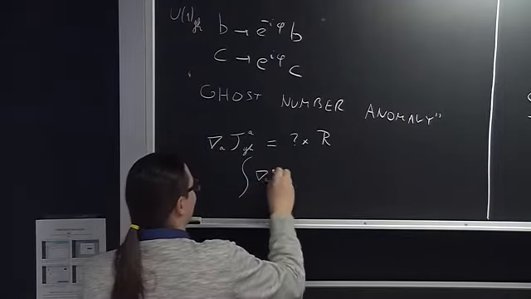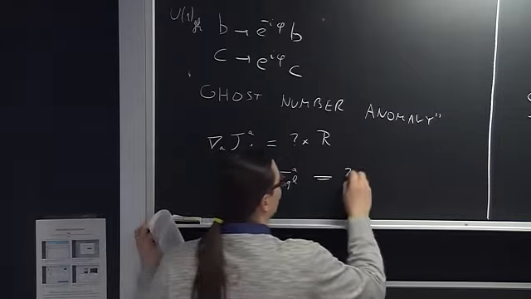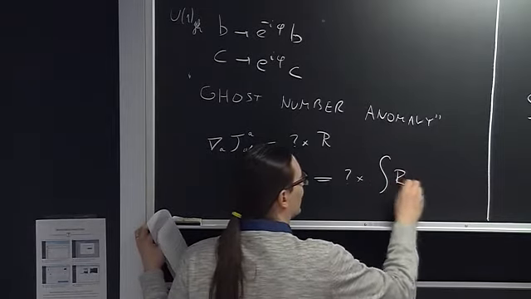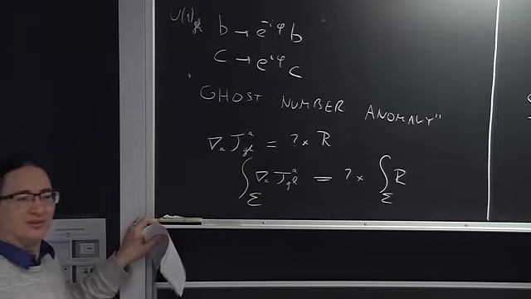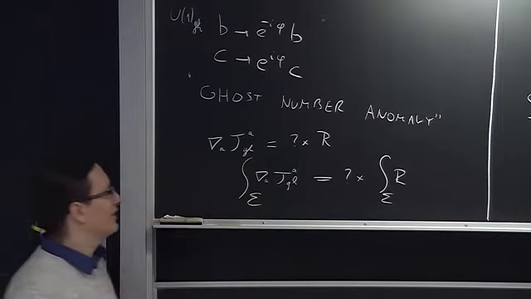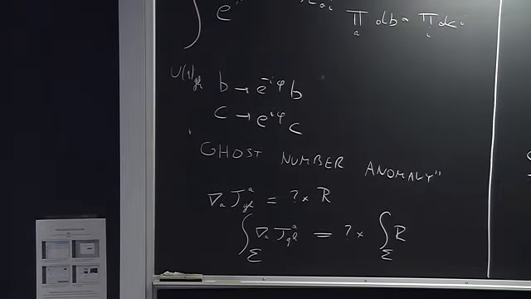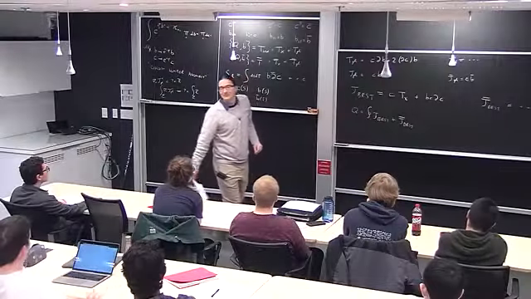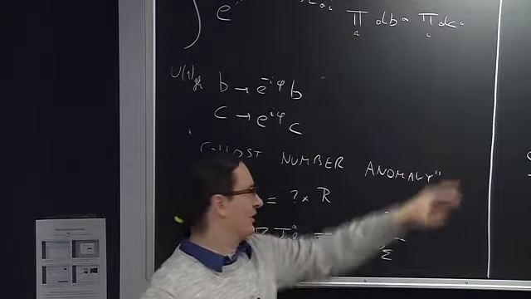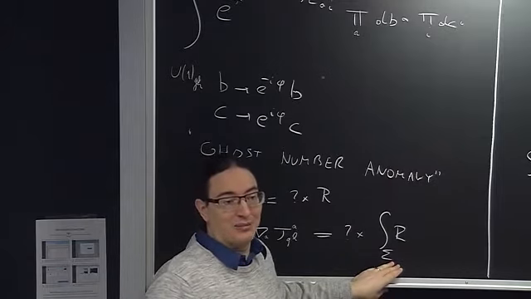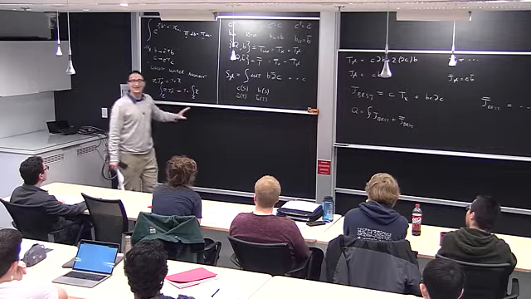You integrate the divergence on your surface, and this equals some constant times the integral of the curvature, which is a topological invariant of your surface. So this quantity is precisely what you would get if you count the number of zero modes of these minus the number of zero modes of that. So the fact that the difference between those numbers is this is called an index theorem in mathematics. And this is the quantum field theory proof of that index theorem.